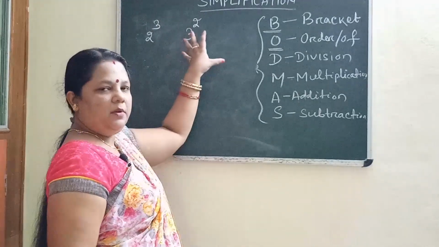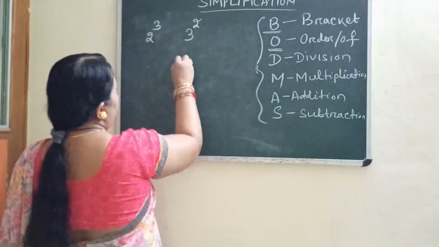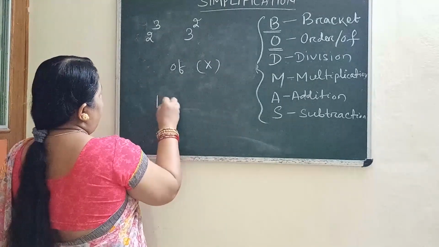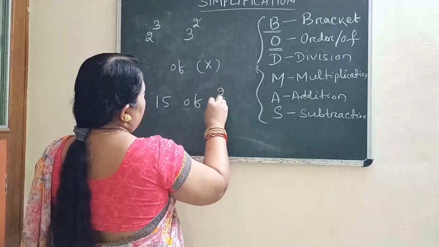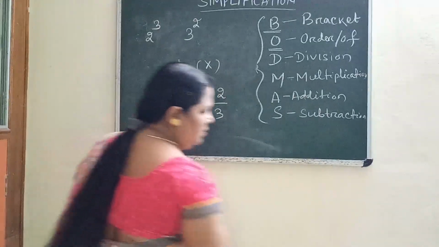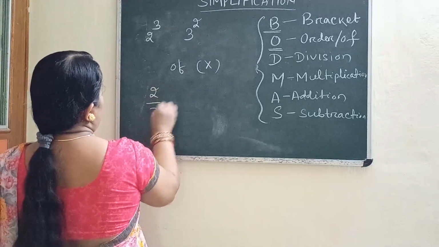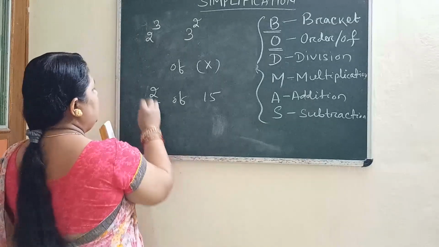When this type of operations are there, we can follow this order. Of means multiplication. Suppose it is written 15 of 2 by 3 or 2 by 3 of 15. Like these questions are there.